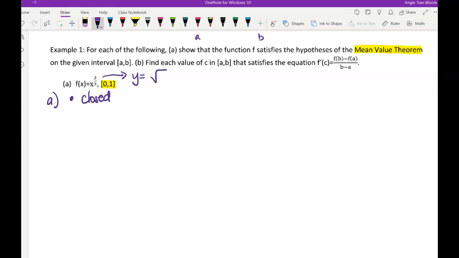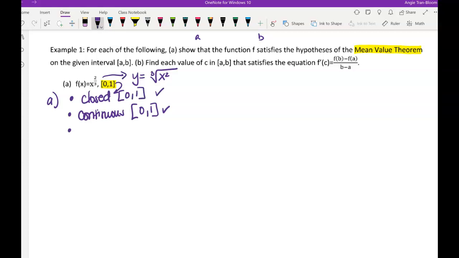This, students, is the same as f of x equals the cube root of x squared. This is definitely continuous from 0 to 1. Now, is it closed? Definitely closed based on the given notation, so check on that.